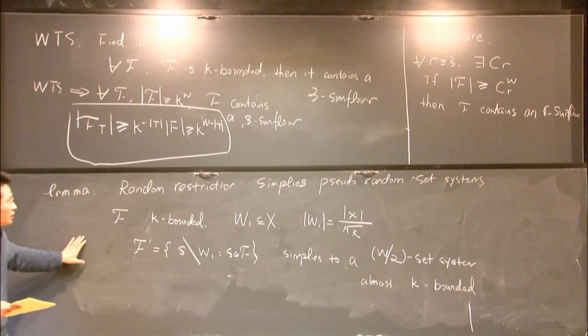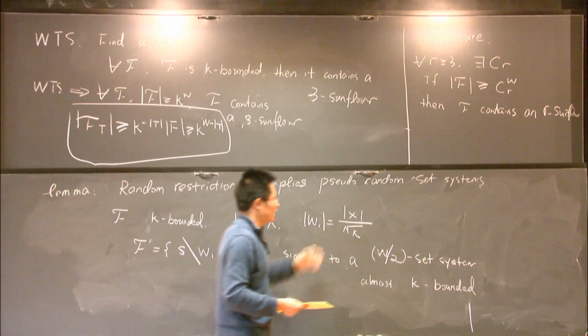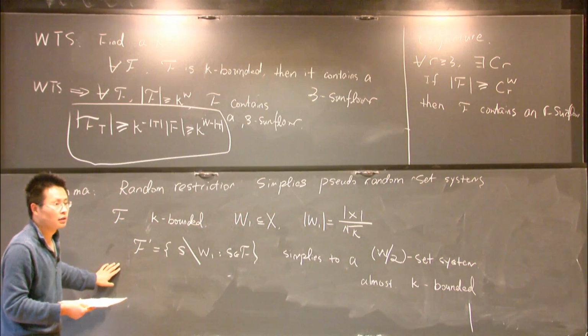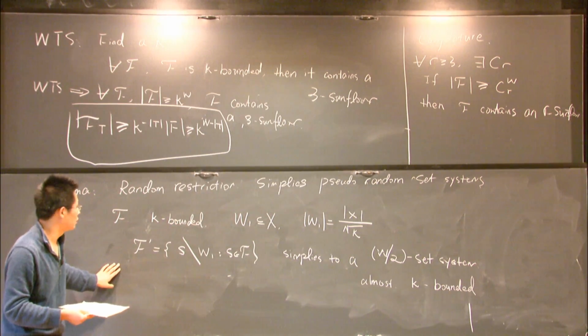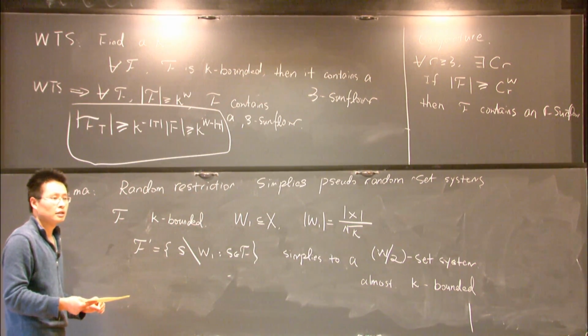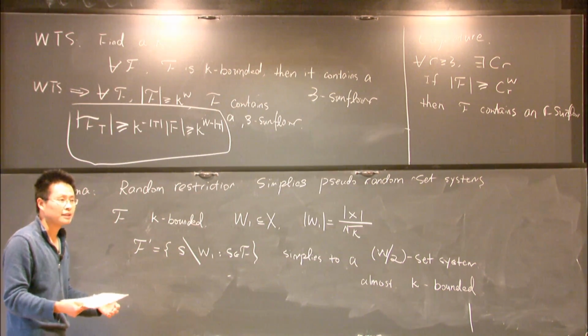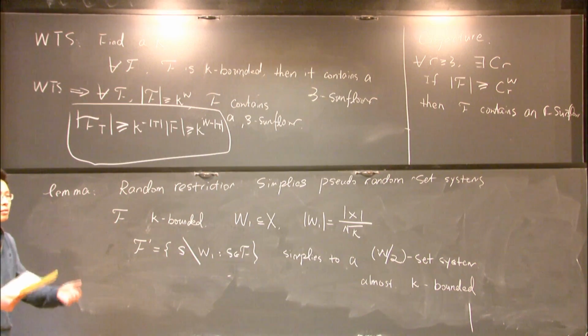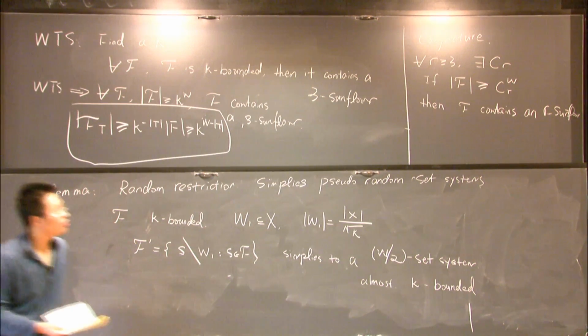If this is true, then we can apply induction on this set system. You want to think about it as a multi-set? Yeah, F is a multi-set. We allow duplicates, but we just care about the boundedness. As long as it's kappa bounded, we allow it.